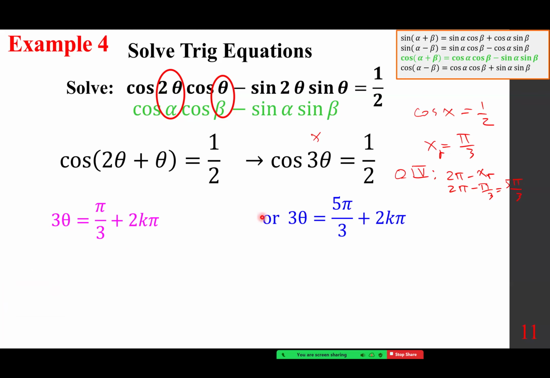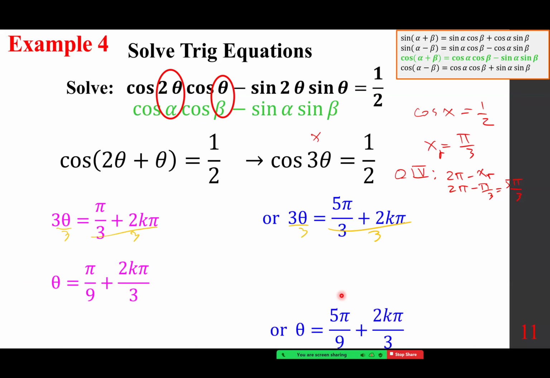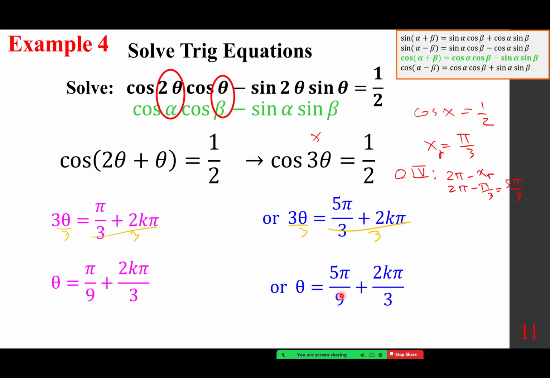This is divided by 3, and this one is divided by 3. Same thing here. So we get pi over 9 plus 2k pi over 3 and 5 pi over 9 plus 2k pi over 3.